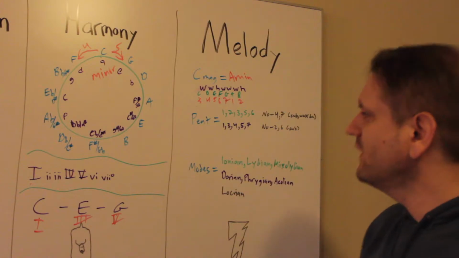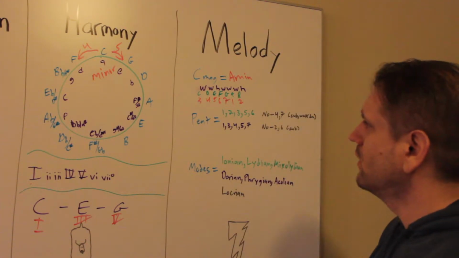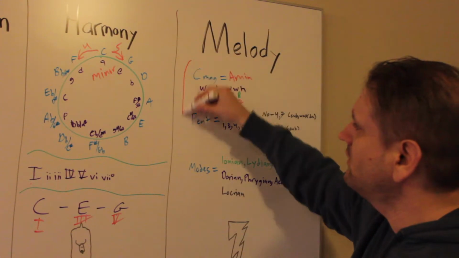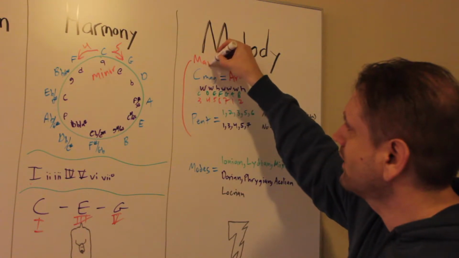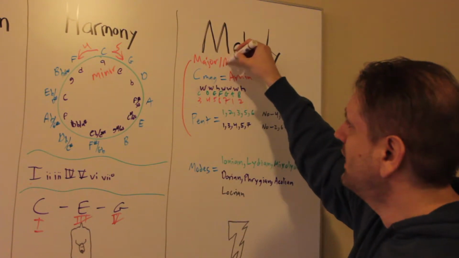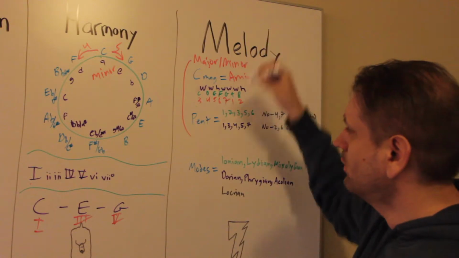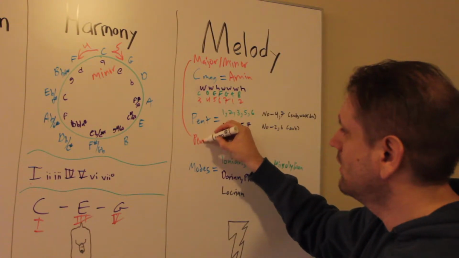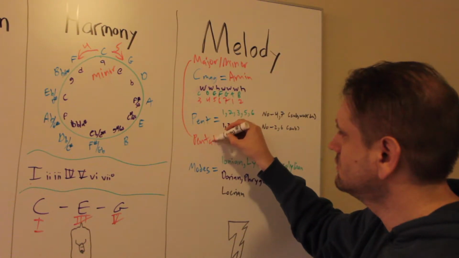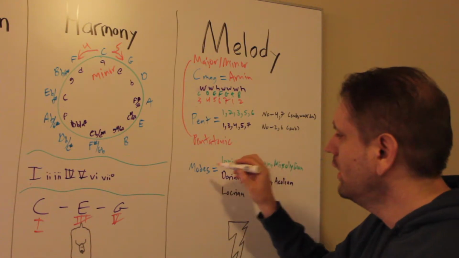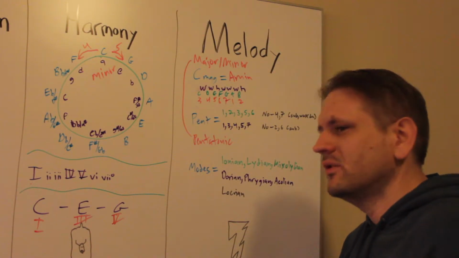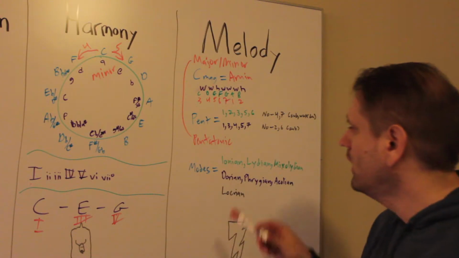All right. So moving on from the 2 scales that you really want to focus on, the major scale / minor, natural minor, and the pentatonic. The next thing you want to look at is modes. A lot of people are going to talk about them.